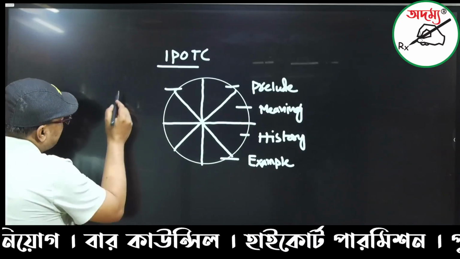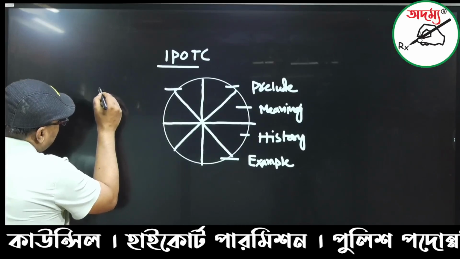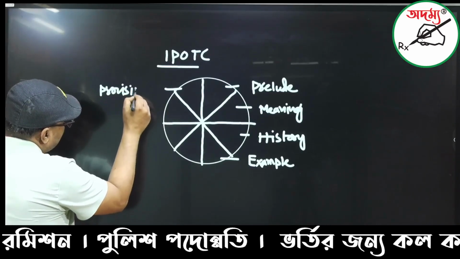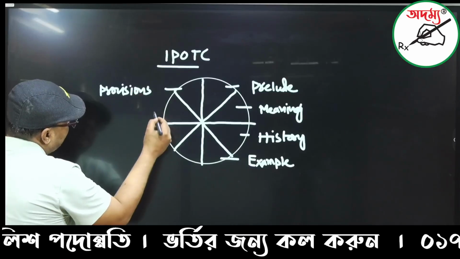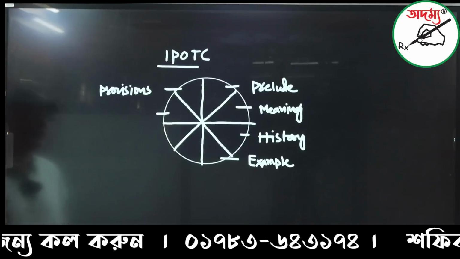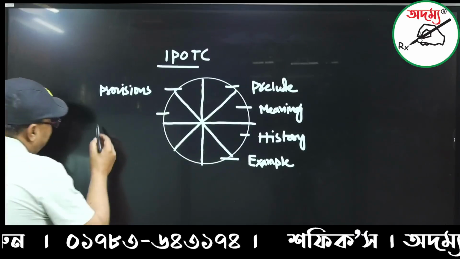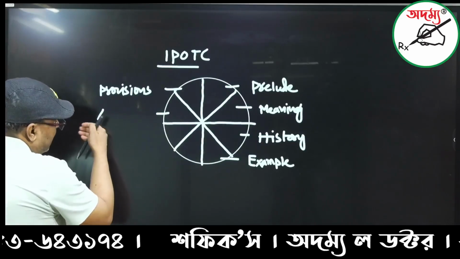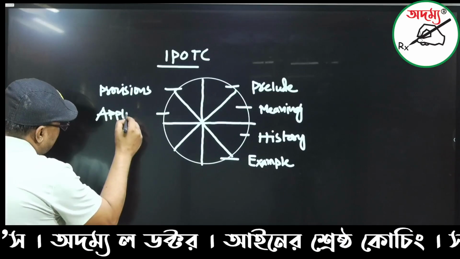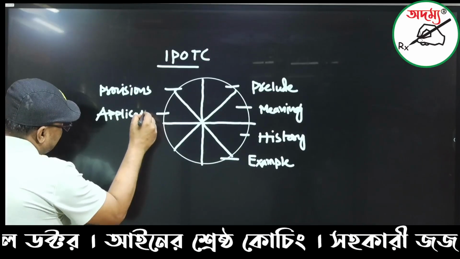And not only that, the laws or the provisions of laws. What exactly are the provisions of laws? What are the provisions which deal in this regard with the inherent power of the code? And the applications you all know. This is the application. On what points is this power applicable? Applications.